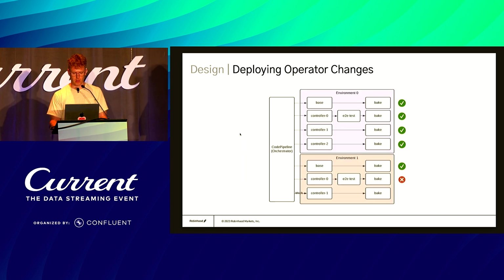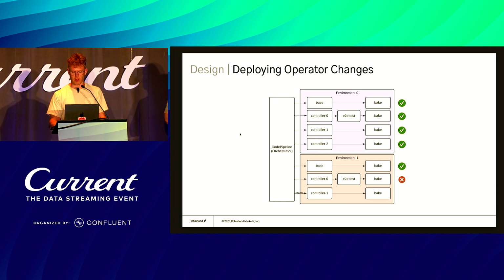And we do something very similar for the operator. The orchestration for these deployments is through something called AWS CodePipeline. The deployment moves top down here, and as it goes through these steps, if everything's looking good, it gives a green check mark and moves to the next step.